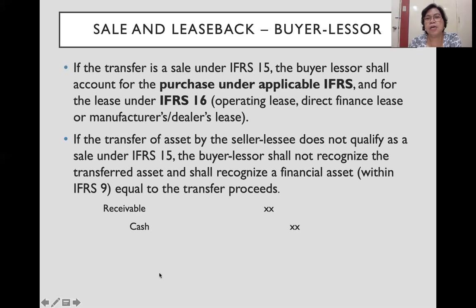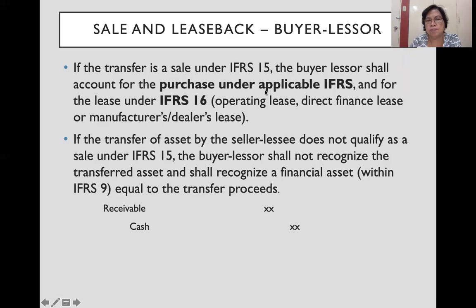We now go to the buyer-lessor. In a sale and leaseback transaction, if the transfer is a sale under IFRS 15, the buyer-lessor shall account for the purchase under applicable IFRS. Therefore, if this is really a sale transaction, then the buyer-lessor will recognize an asset.